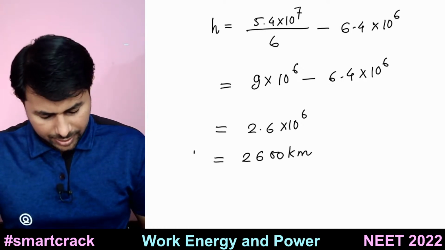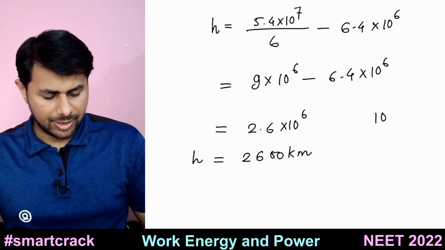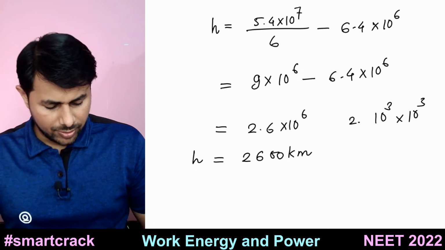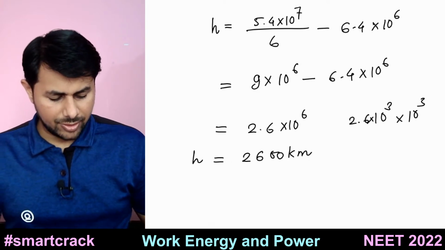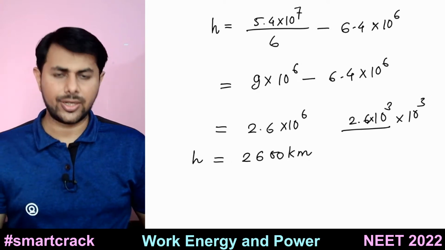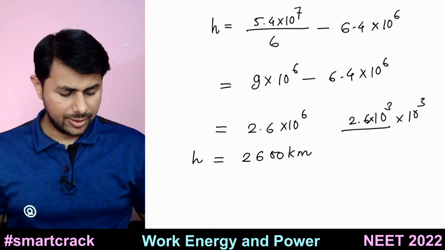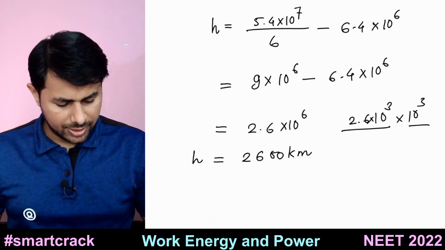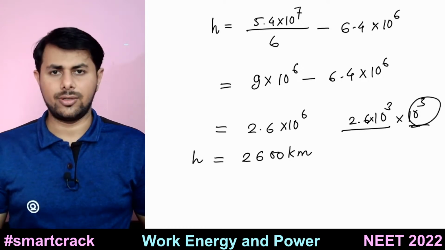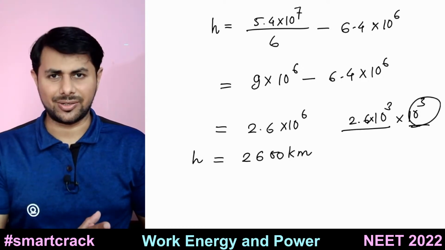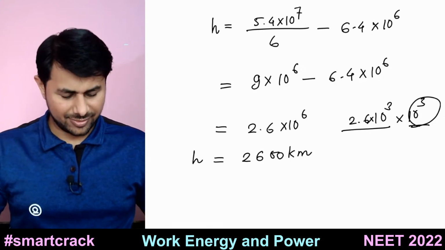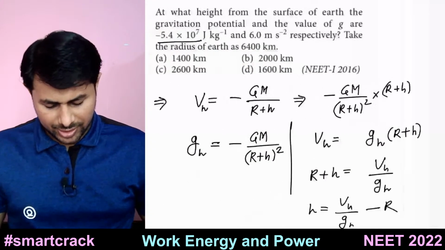Because 10 raised to 6 can be written as 10 raised to 3 into 10 raised to 3, so it is 2.6 into 10 raised to 3. This will be 2600, and this 10 raised to 3 can be written as what? 1 kilometer, because 1 kilometer is 10 raised to 3 meters. So this is the answer.